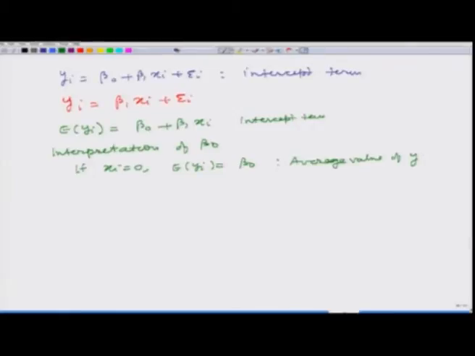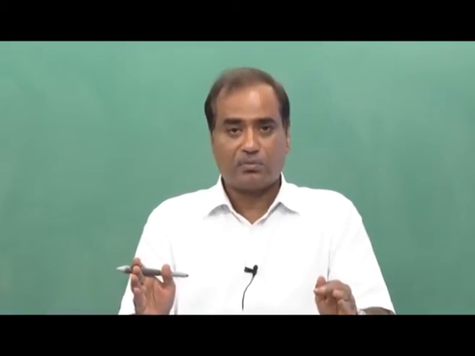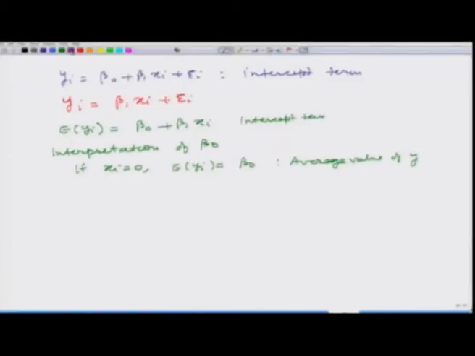Now, in this case, when I put 0 fertilizer in the soil, am I getting 0 outcome? On the other hand, if I take the model without the intercept term, that is something like beta 1 xi, then if xi is equal to 0, the expected value of yi is equal to 0.